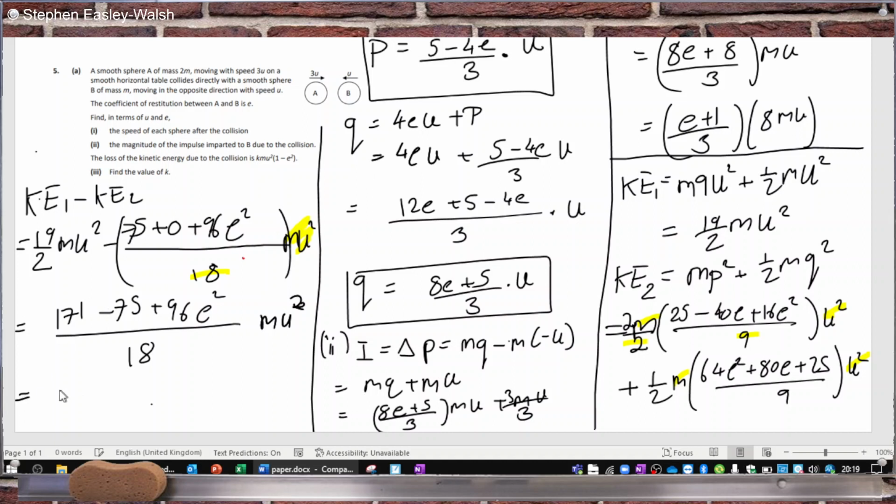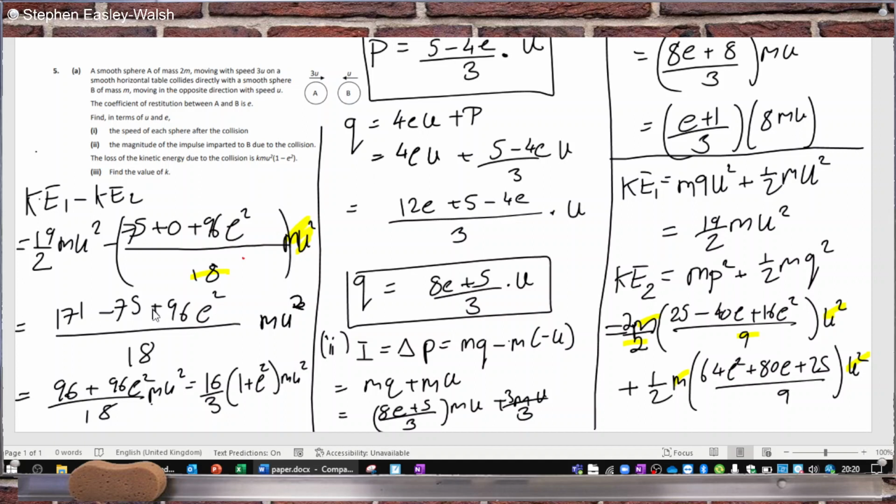That's great, because that makes 96 plus 96e squared over 18 mu squared. So that will be 16 over 3, 1 plus e squared mu squared, u squared, 1 minus e squared.